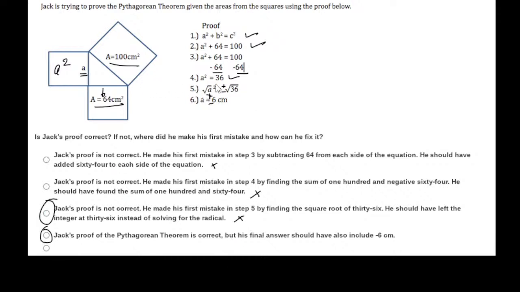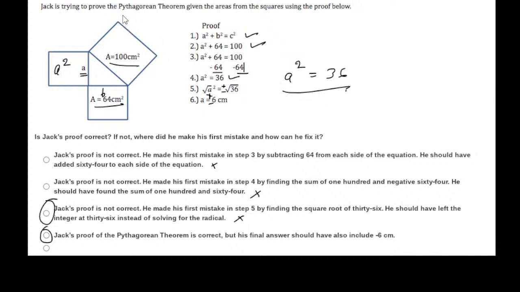If I stop here, I mean I stop at a square equal to 36, that is also a fairly correct answer. A square is 36, because in Pythagoras we said that a square plus b square is c square, and I find a square.